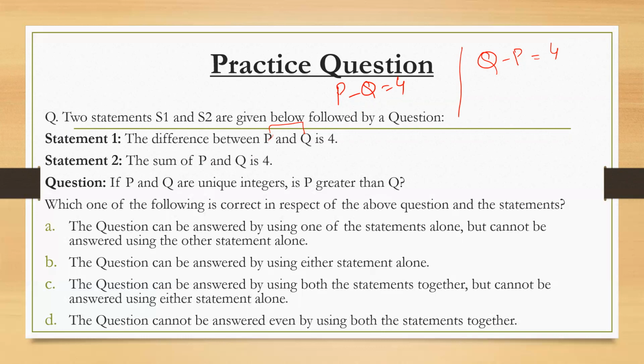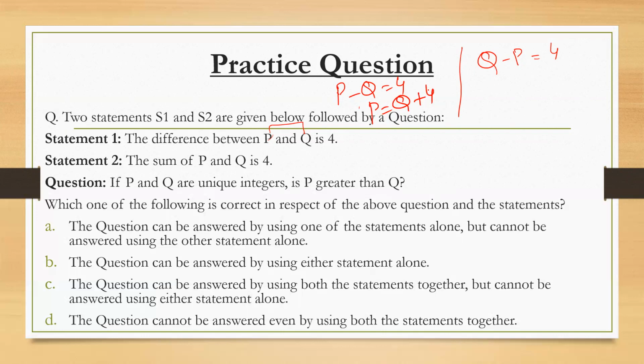Okay. Is this clear to everyone, this concept? Why it is P minus Q equal to 4 or Q minus P is equal to 4? Now, if this concept is clear, see what we can do here. It says P minus Q is equal to 4, or P is equal to Q plus 4. So what will be the relationship here?